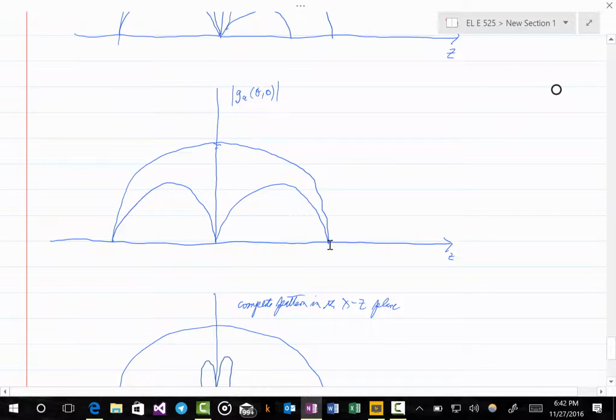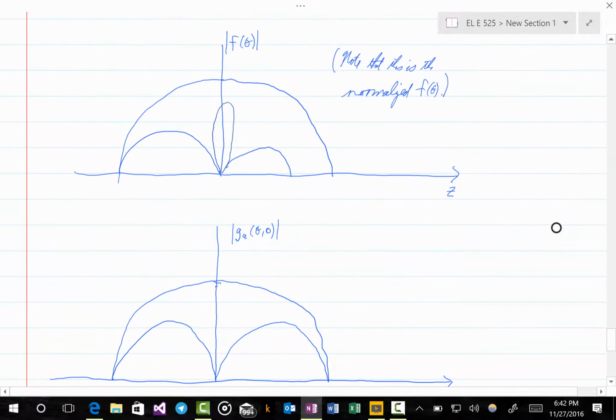Notice that the element pattern is going to 0 at theta equals 90 degrees, whereas the array pattern has a maximum very close to that angle. It's not quite at pi over 2, but it's close to that.